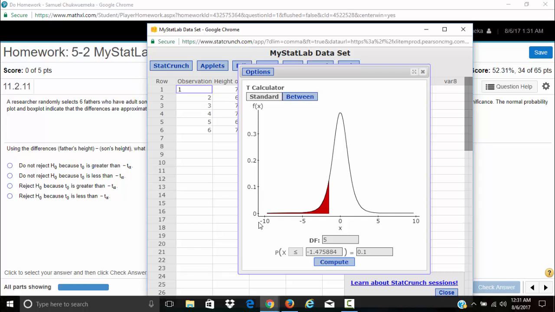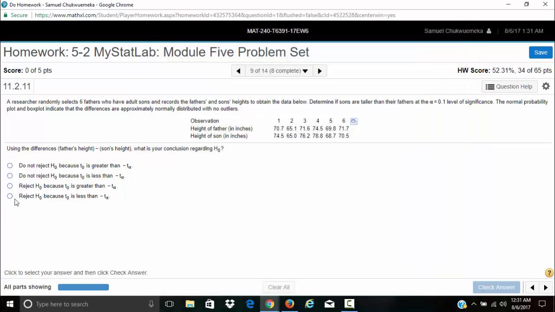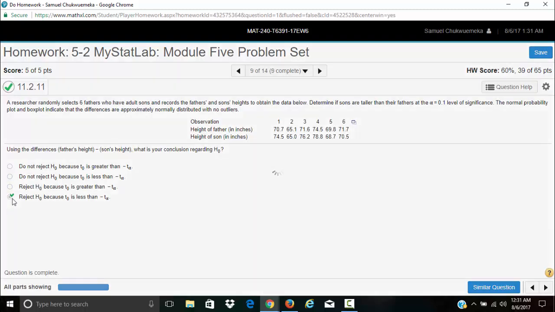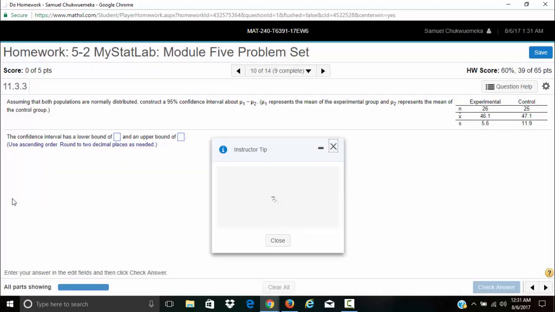So negative 1.5 falls in that region, is less than the critical T. Negative 1.5 is less than negative 1.48. Because it falls in that region for a one-tail, left-tail test, we reject the null. So that is the classical approach.